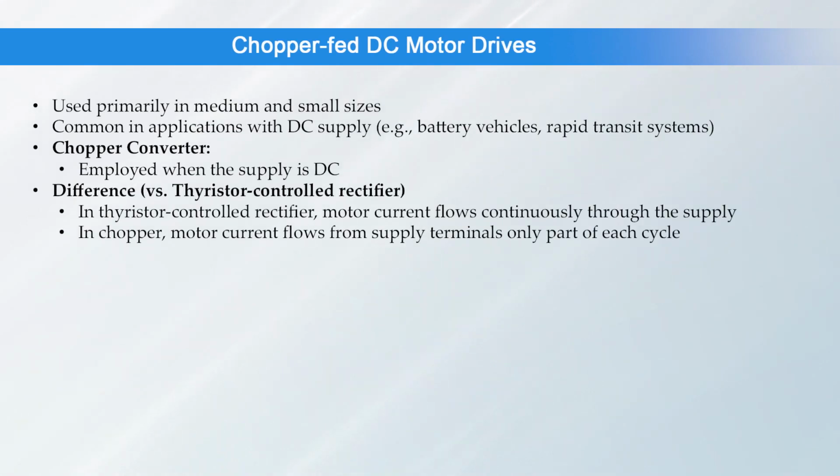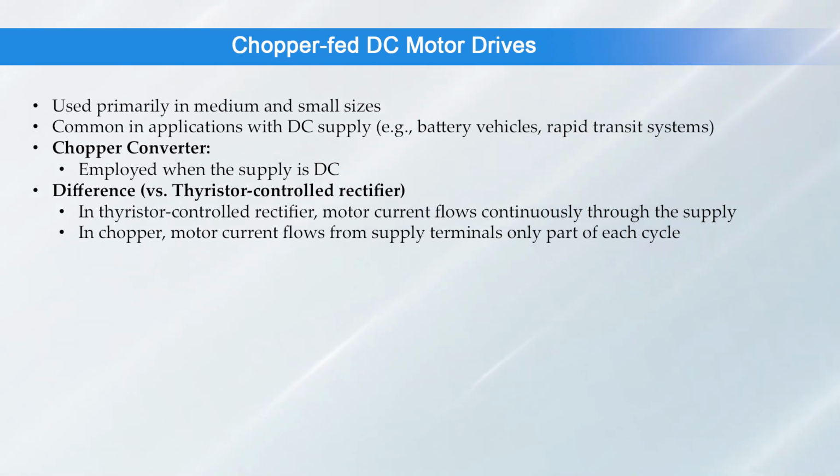Next is our chopper fed DC motor drives, and these are mainly used in medium and small sizes. If the source of supply is DC, for example in a battery vehicle or a rapid transit system, a chopper type converter is usually employed.